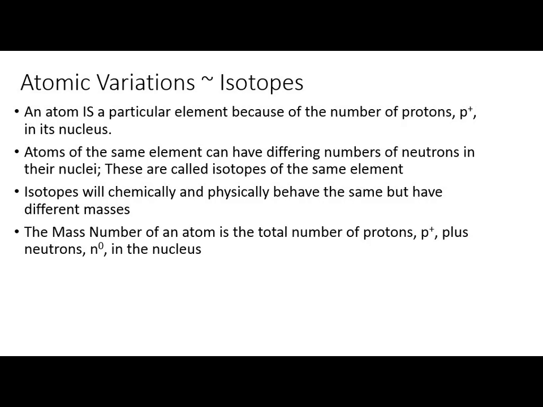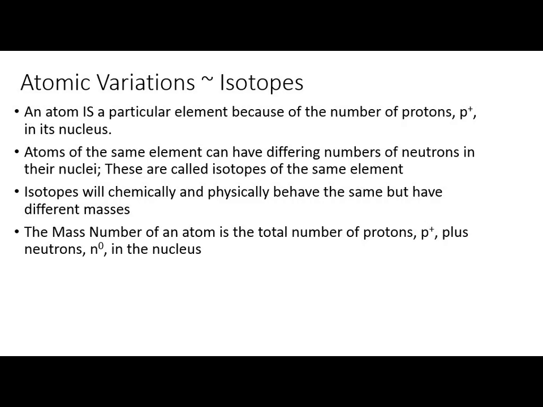All right, so remember atomic number. Atomic number is the number of protons in the nucleus of an atom. Now mass number is also about the nucleus, but with mass number you are literally counting protons plus neutrons.